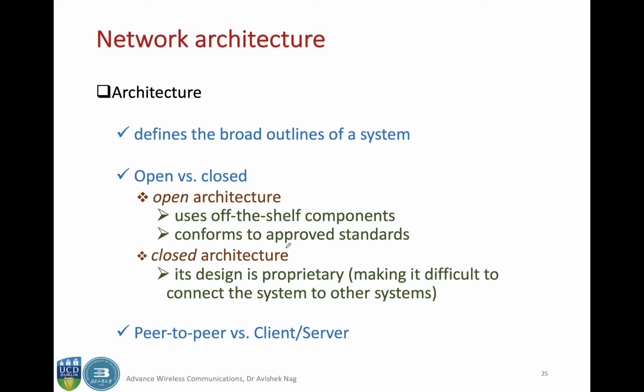So talking generally about the network architecture. Architecture defines the broad outlines of the system. So there can be open versus closed architecture. In an open architecture, the components and the devices used are off the shelf, and they can be used by anyone, and all of the components conform to a common approved standard.